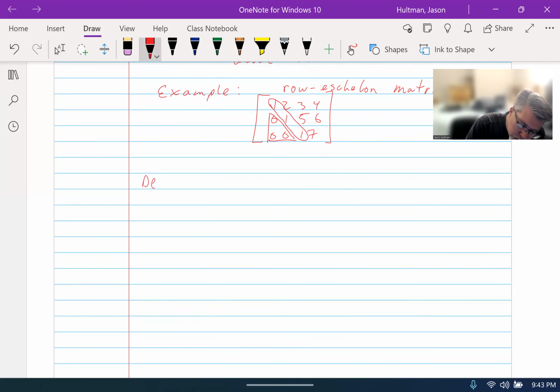Okay, let's look at another definition. The number of non-zero rows in any row echelon matrix is called its rank.